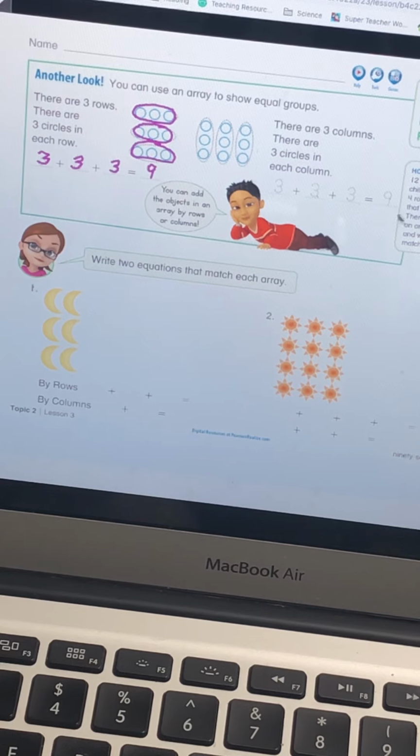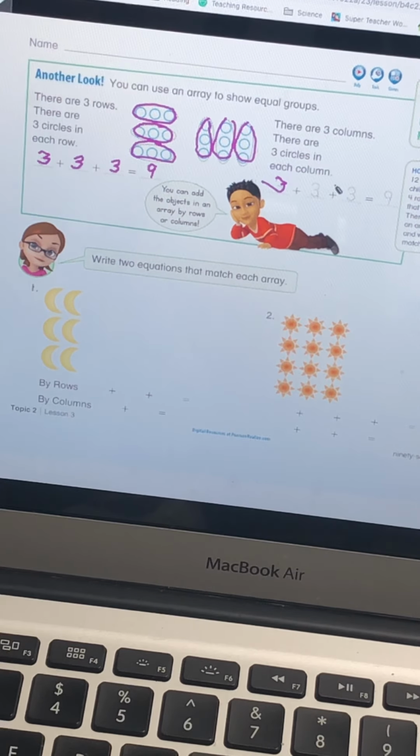All right. Then we're going to count the same thing as a column. How many columns do you see? 1, 2, 3. Let's count circles in the column. 1, 2, 3.